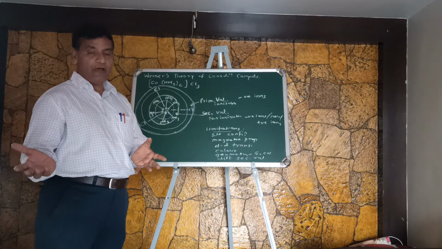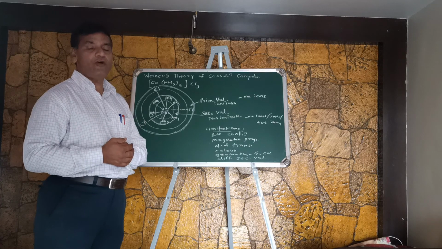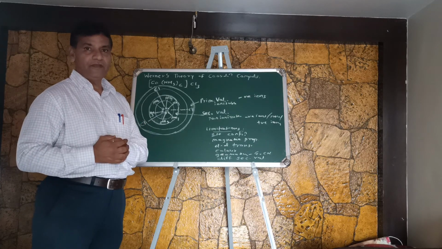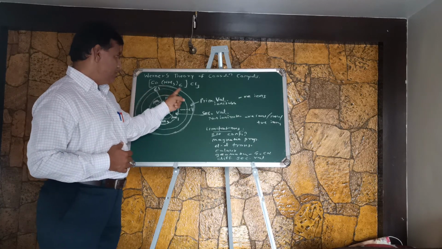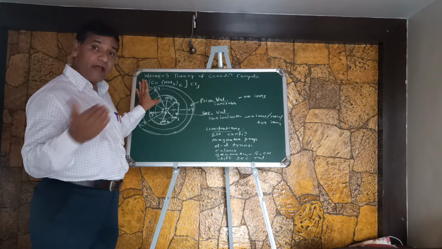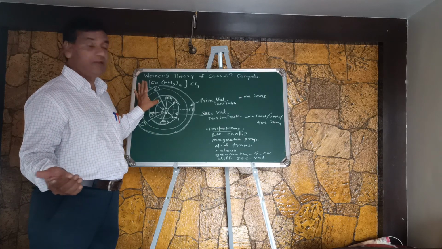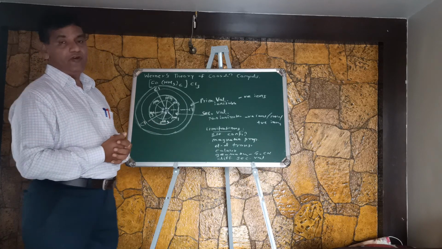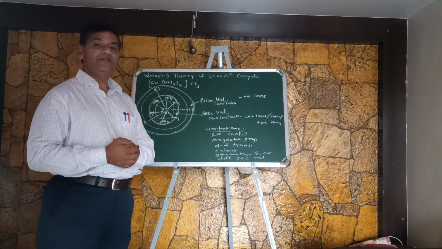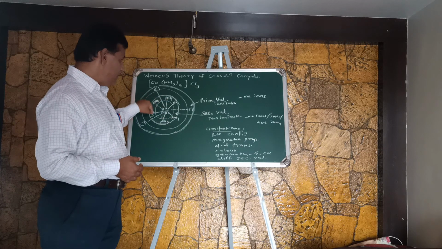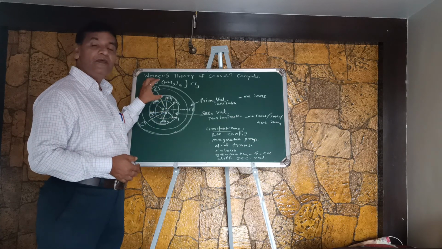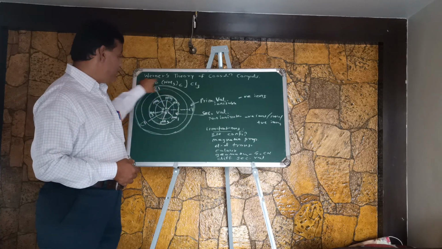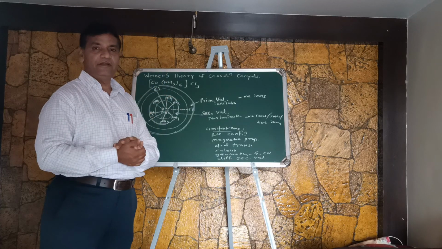So there will be no availability of ammonia molecules in the solution. If we prepare a solution, chloride ions will be available in the solution, but ammonia will not be separate or independently available. That means the secondary valence is non-ionizable, but the primary valence is ionizable.